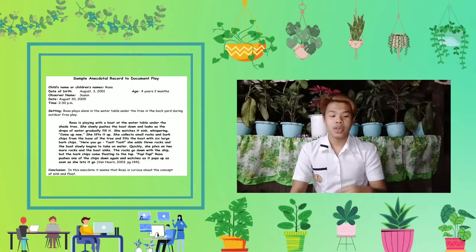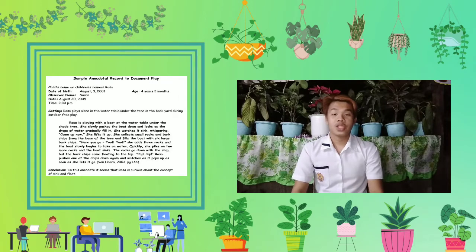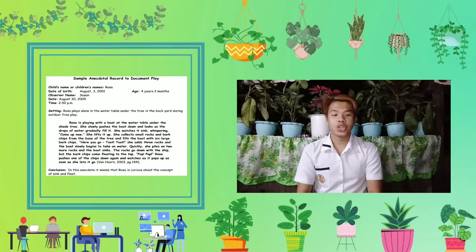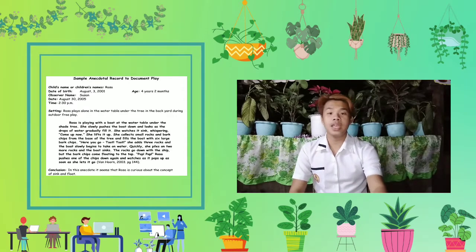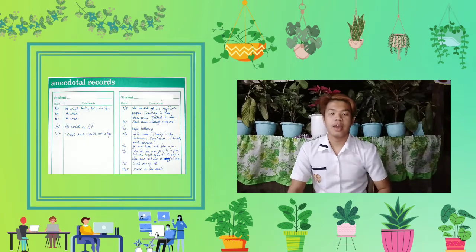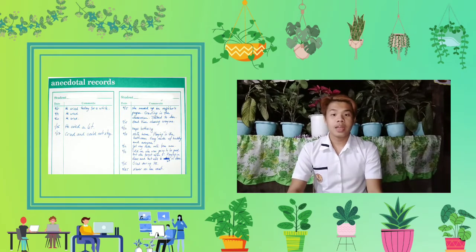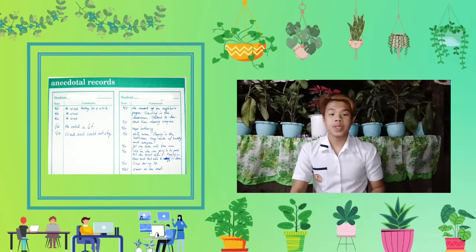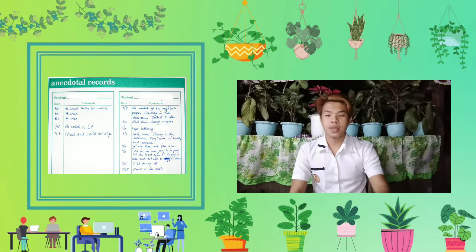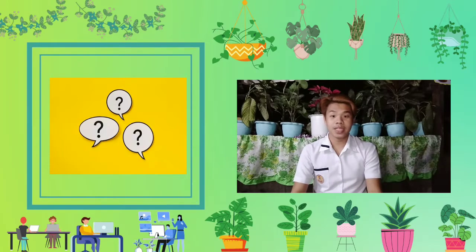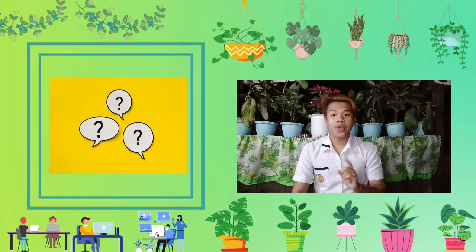As you can see the child's name, date, time, setting, a clear description of the observation, and the name of the observer. And here's also another example of writing anecdotal records. The date and the comment of a specific child that you are observing. Again, by collecting anecdotal records on a regular basis, you are creating a record of a child's learning and progress over time.